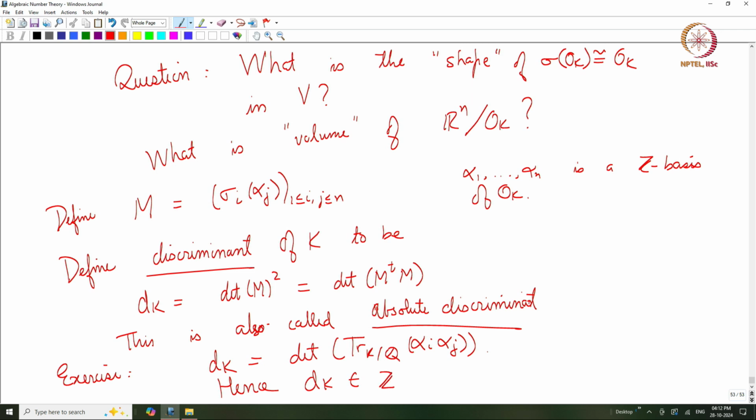All right. So, what we did today is we finished the proof of the fact that OK is discrete in Q to the n. Then we wanted to ask how this discrete lattice sits inside Q to the n, but we saw that this is not a well defined question, because we had to fix a basis to get this lattice inside Q to the n.